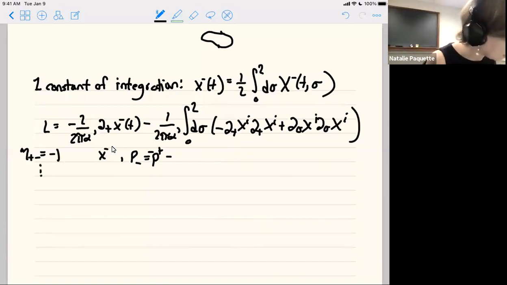I won't give all the details, but this is all probably quite familiar. So the string length in light cone gauge is growing with momentum in the positive light cone direction. And you can also, of course, compute the conjugate momenta for the capital Xi's. You all know how to compute conjugate momenta.